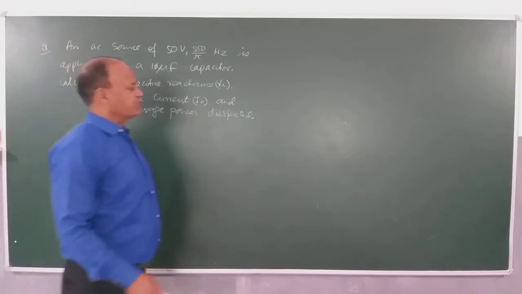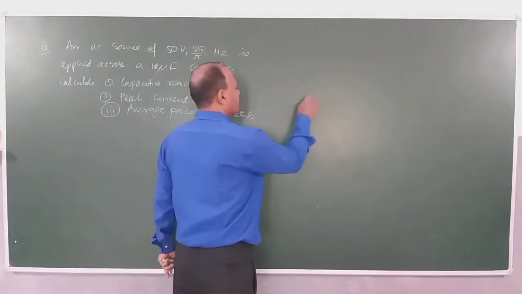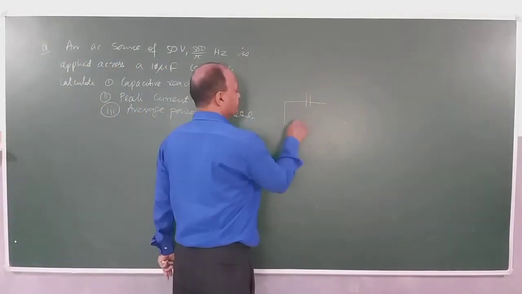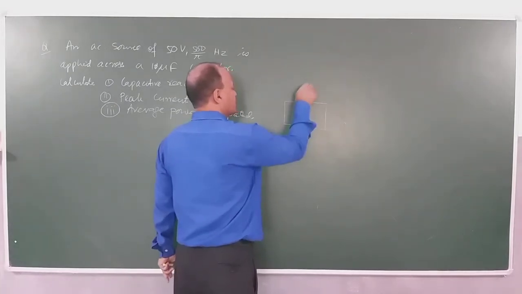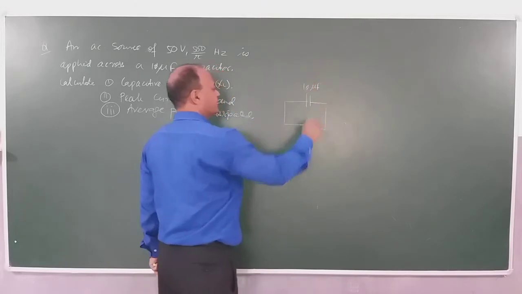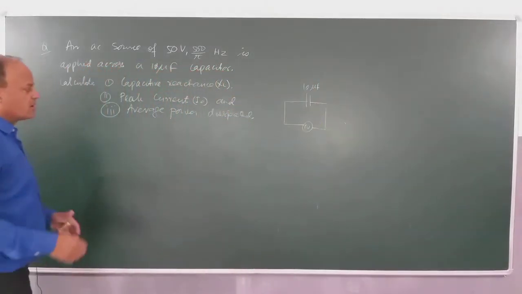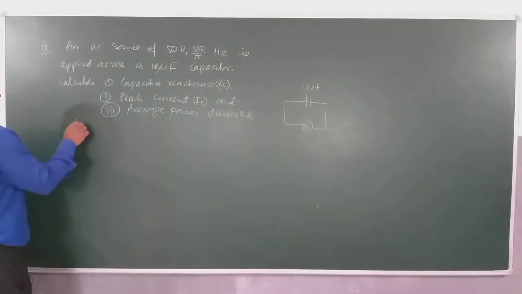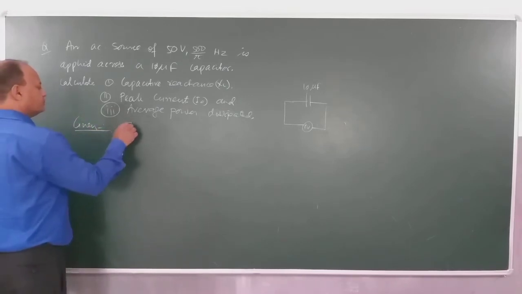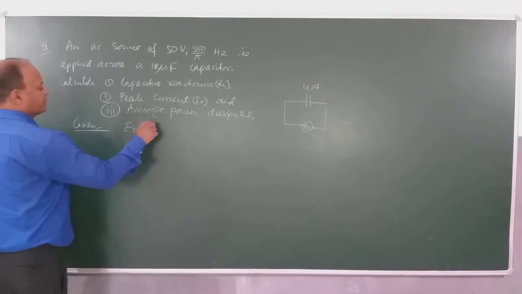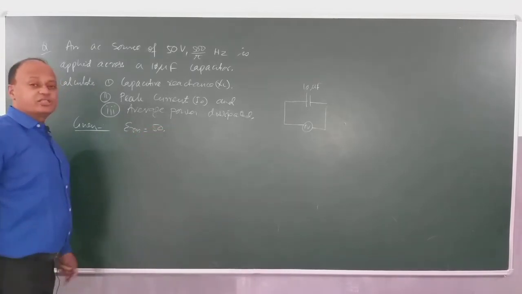So we can imagine the circuit is something like this. This is the capacitor, the AC source, this is 10 microfarad, right? Now what is given here, children? Given is E RMS as 50, because 50 volts steady.